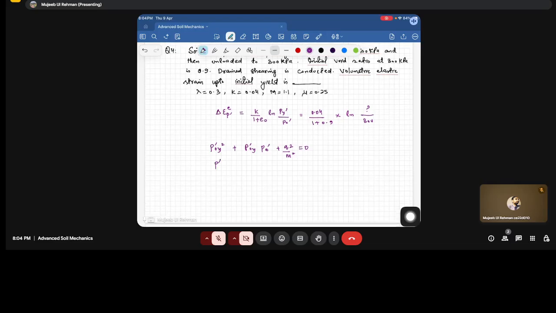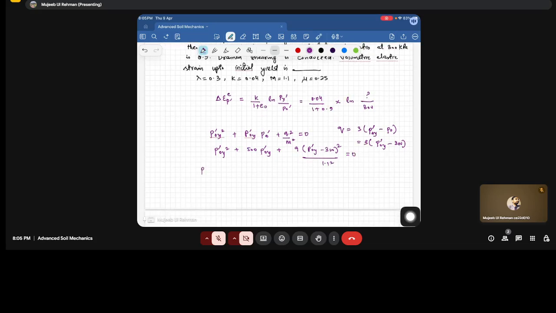So P dash naught square plus 500 times P naught y dash, plus Q, which we will write in terms of Q is equal to 3 times P naught dash y minus P naught. This P naught is 300. So 3 times P naught dash y minus 300 the whole square, so we write 9 times P naught dash y minus 300 the whole square, here M is 1.1 square, is equal to 0.